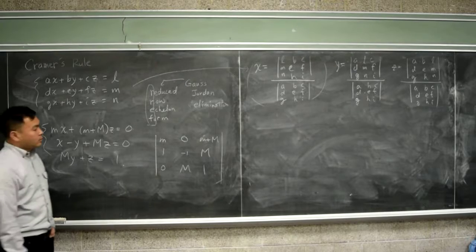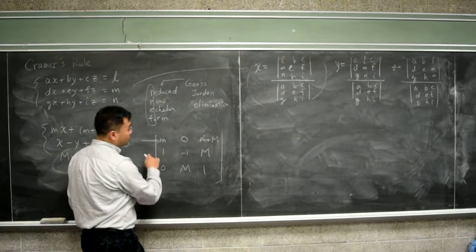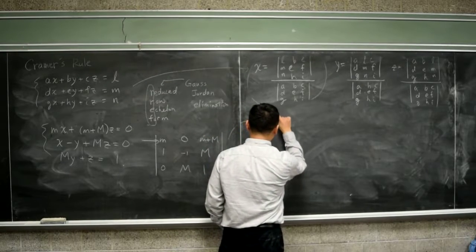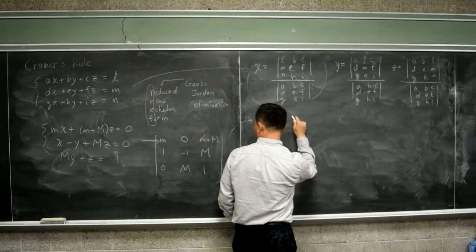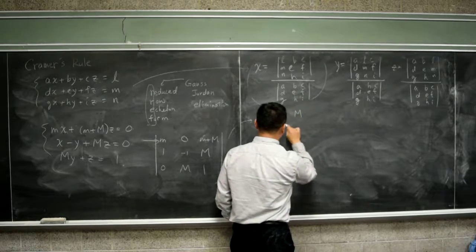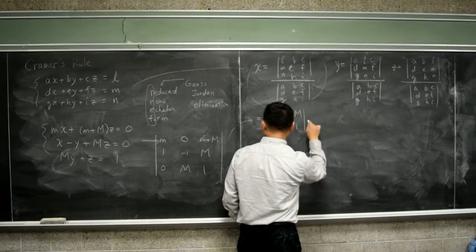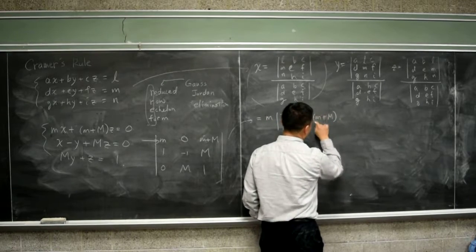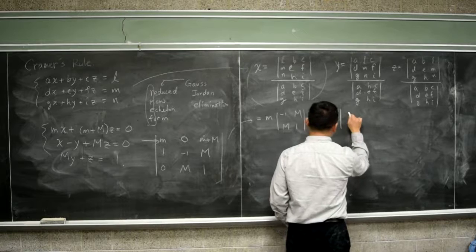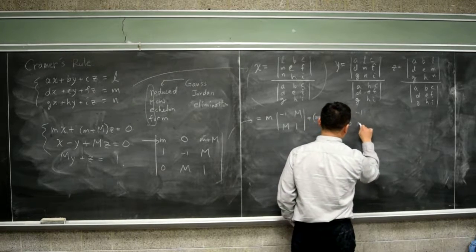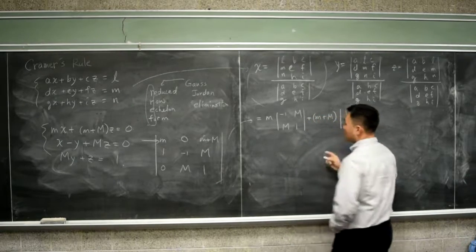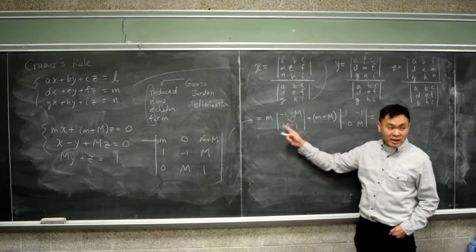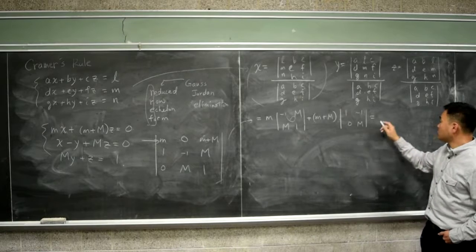Now let's do the row expansion. That gives you m times negative 1 minus m squared times m.